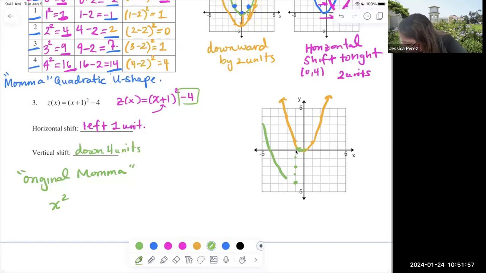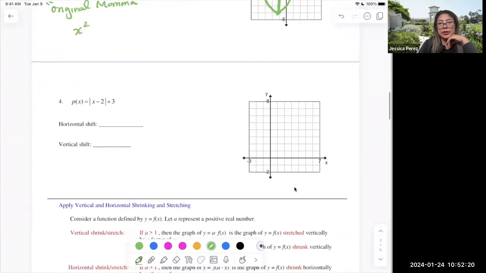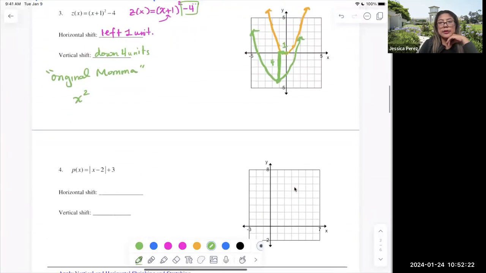And then I'm just going to draw a parabola right there. Now my new starting point will be on that parabola. And you can verify that using Desmos. And we're going to do one more.